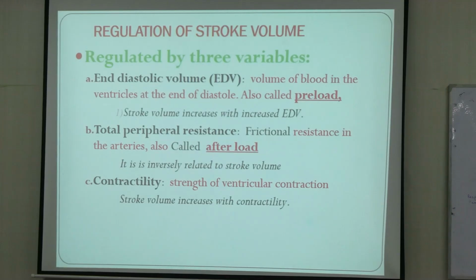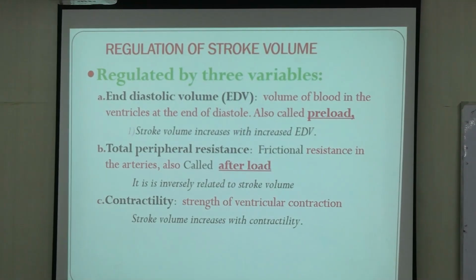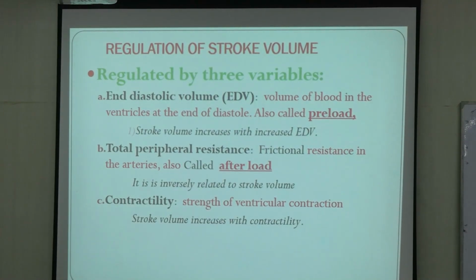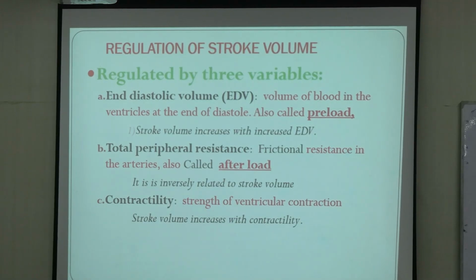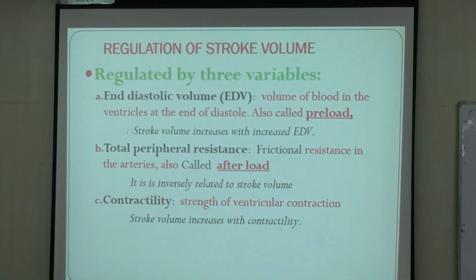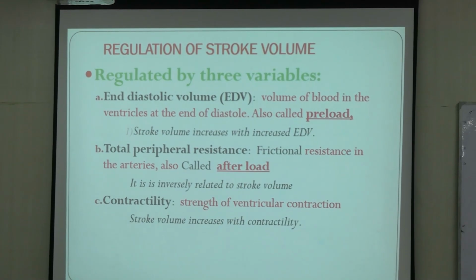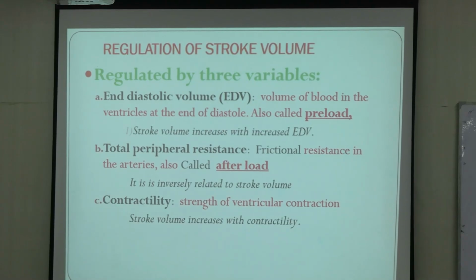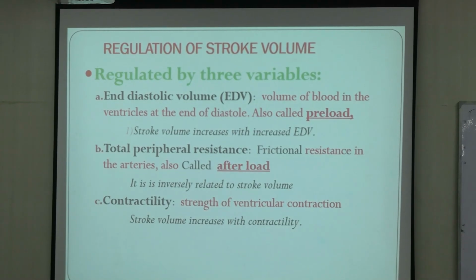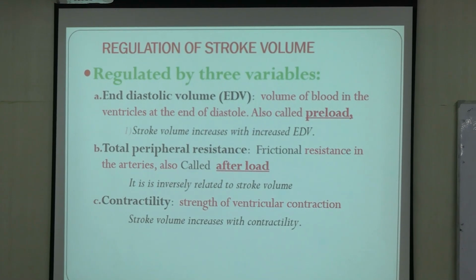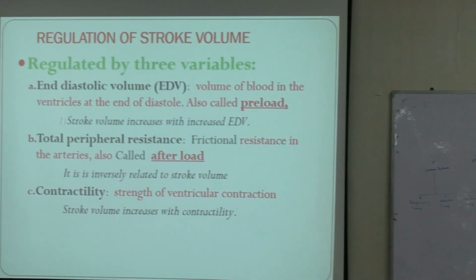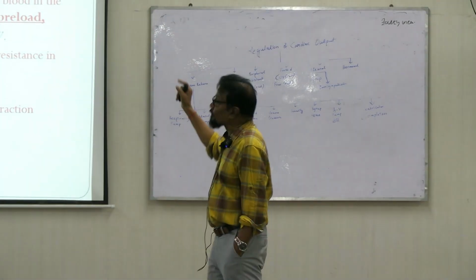Fine. Regulation. We have already discussed regulation of stroke volume. The factors that regulate stroke volume also affect cardiac output. Now let us see, there are three important factors that affect stroke volume.